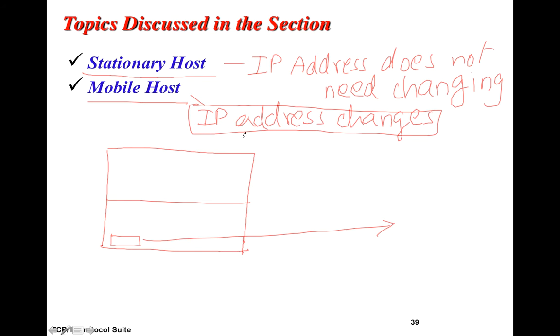So remember these two things. When is a host called stationary and when is a host called mobile? A stationary host is stationary inside the network, meaning it's not leaving the network. And a mobile host means it can leave the network and go into other networks.